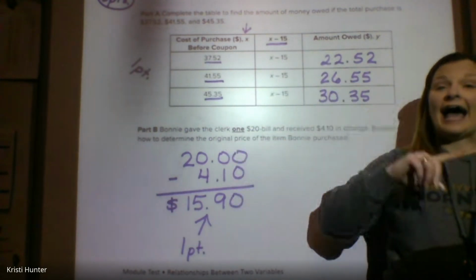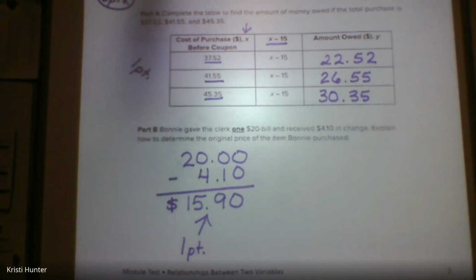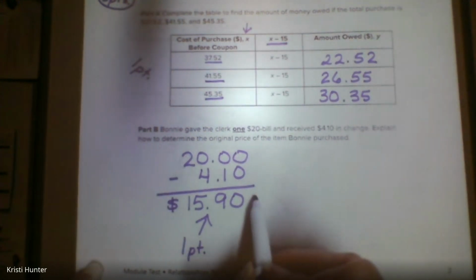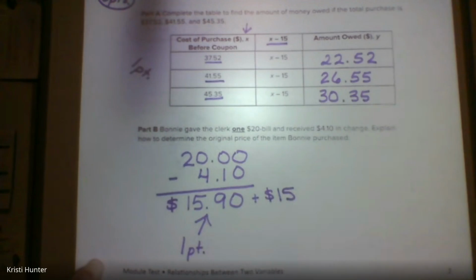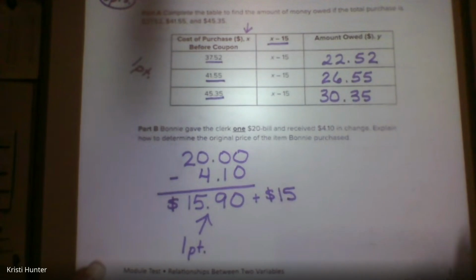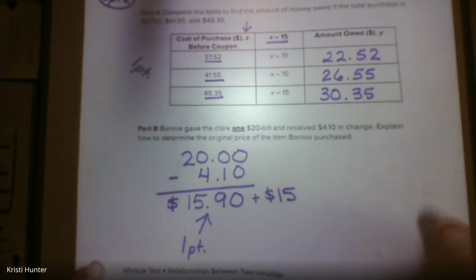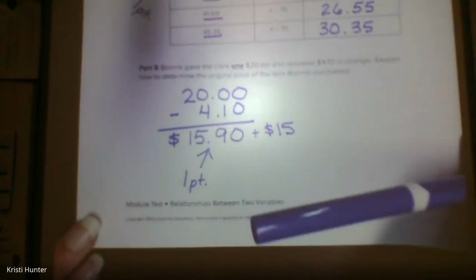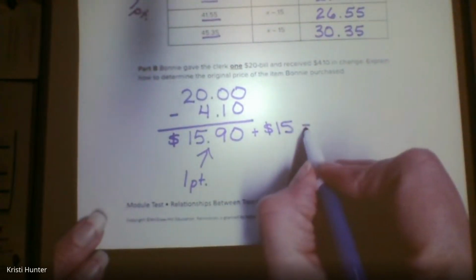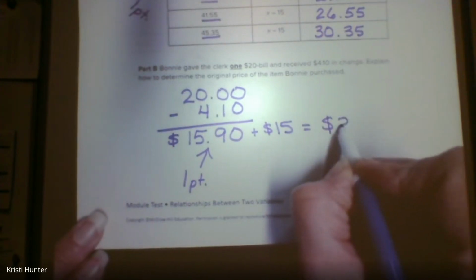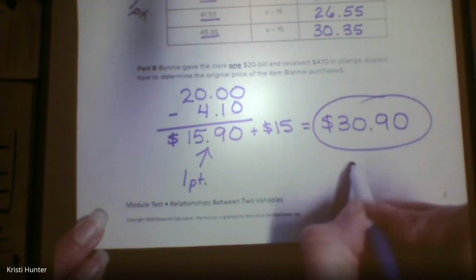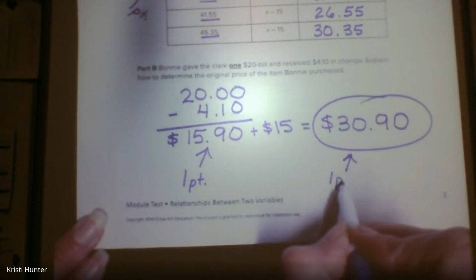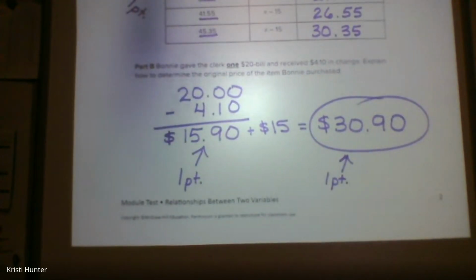So we've got to add that $15 back on, because she also was supposed to pay $15 more than what she paid, because she had a coupon for this. So when I do the $15.90 plus $15, here's where you get your third point, because you find out her bill was $30.90.